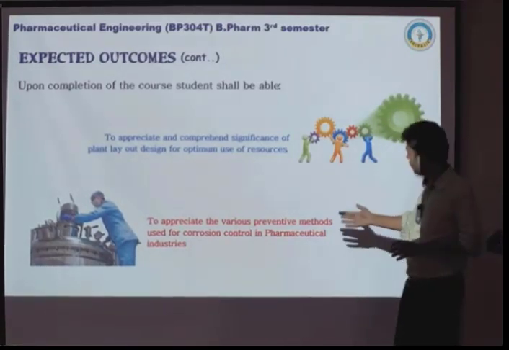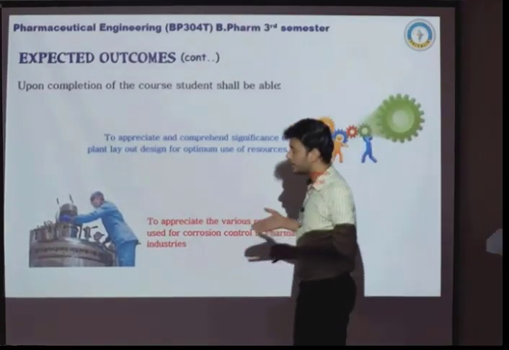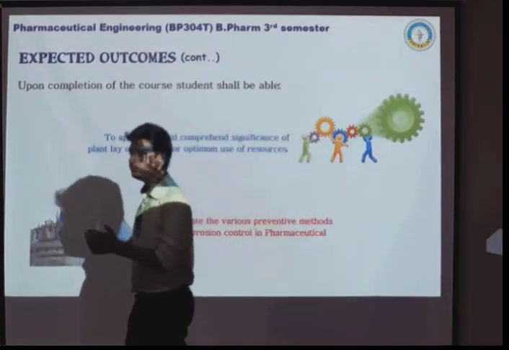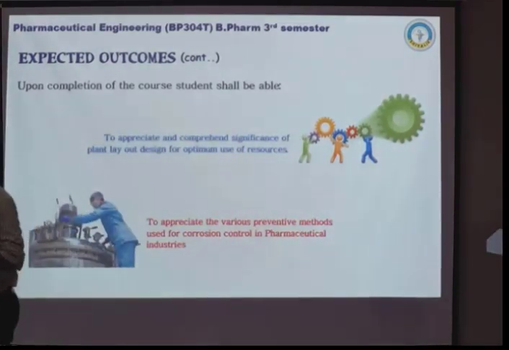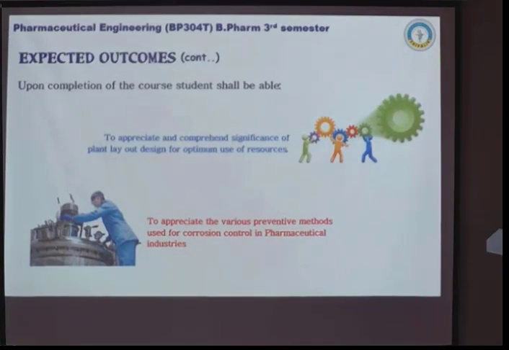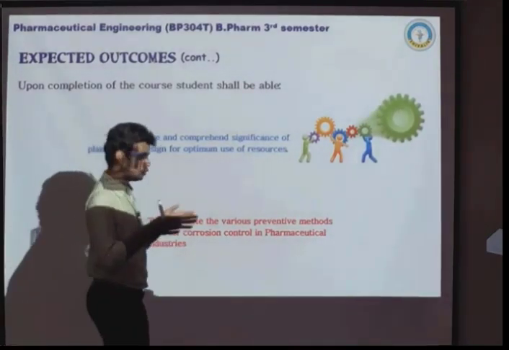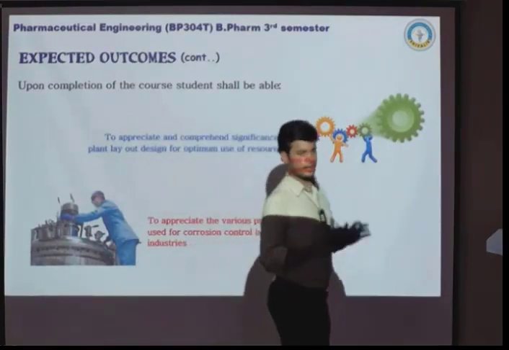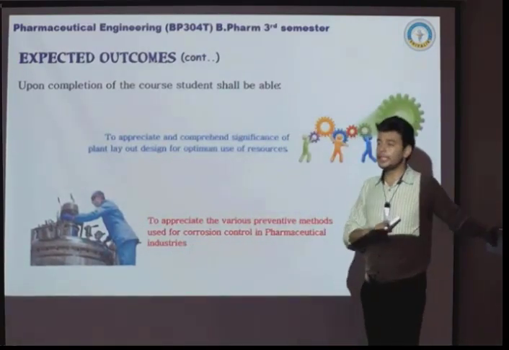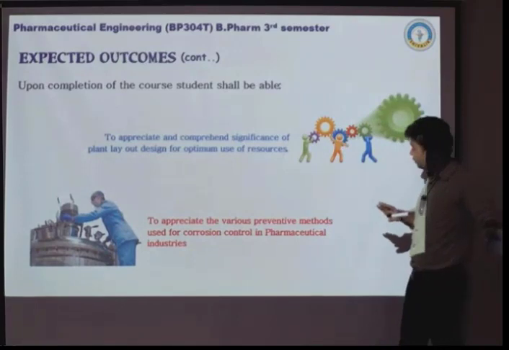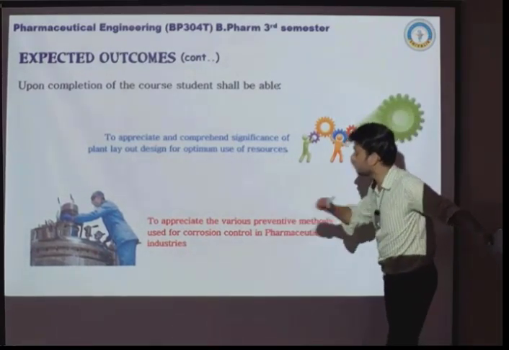If rusting or corrosion is observed in our pharmaceutical machinery, obviously with time, the effectiveness or productivity of our machinery will be reduced, and there will definitely be a time when it will stop working completely. Hence it becomes very necessary to protect our pharmaceutical machinery from corrosion.